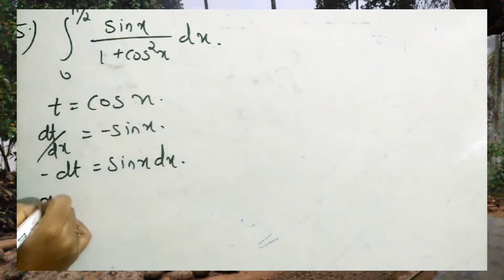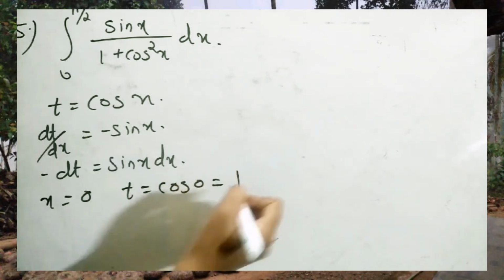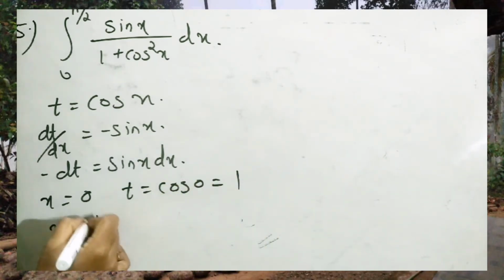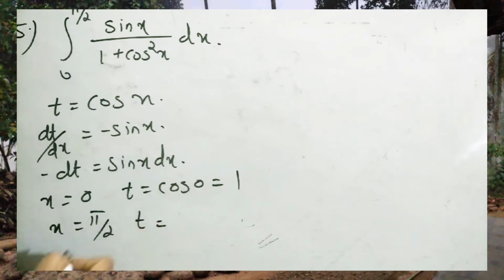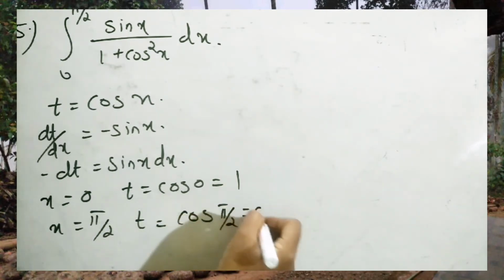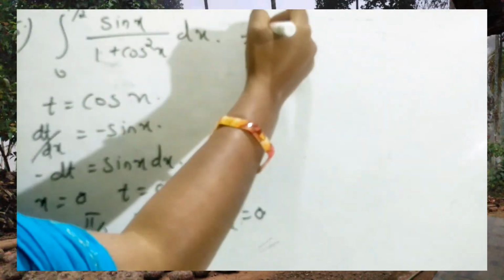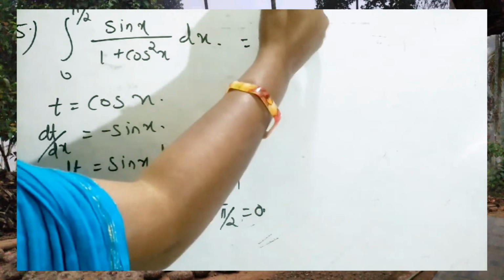If x is equal to 0, t is equal to cos 0, which is 1. If x is equal to pi by 2, t is equal to cos pi by 2, which is 0. So the new interval of integration is from 1 to 0.